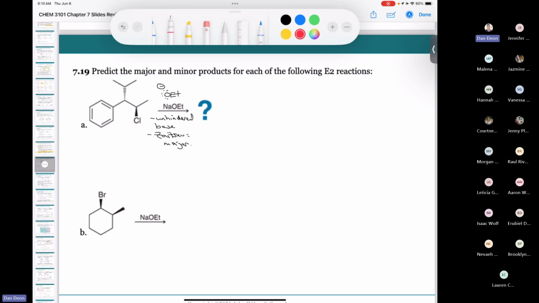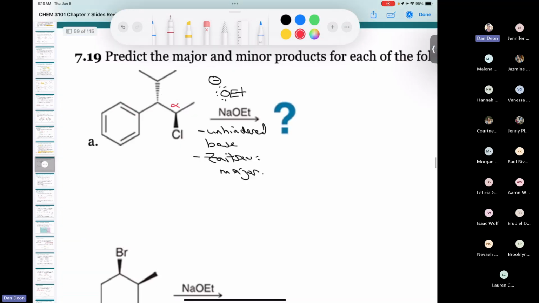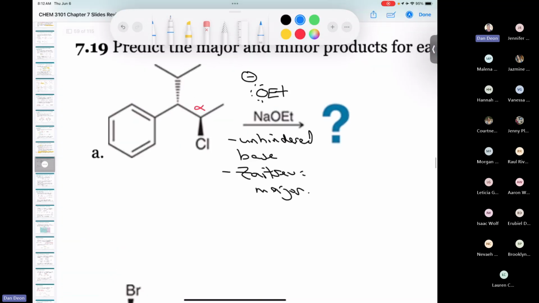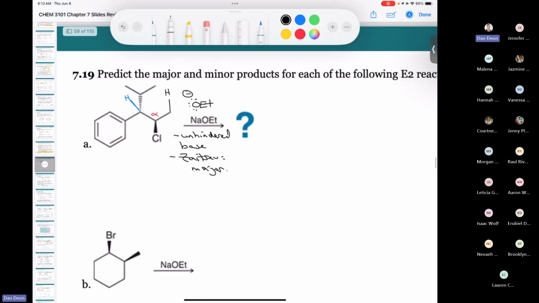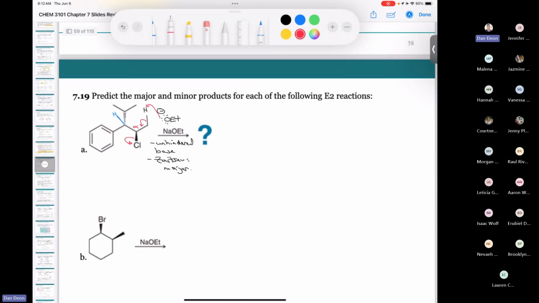All right, so let's label our alpha carbon. We have two types of beta carbons here. We have the one with this blue proton on it here, and then we have the ones with these black protons here. I'm going to abstract the black proton first. That's going to give us the Hofmann product. You don't have to draw a mechanism, but let's just draw a quick one. We abstract the proton, make the pi bond, lose the leaving group, which is the chloride ion.